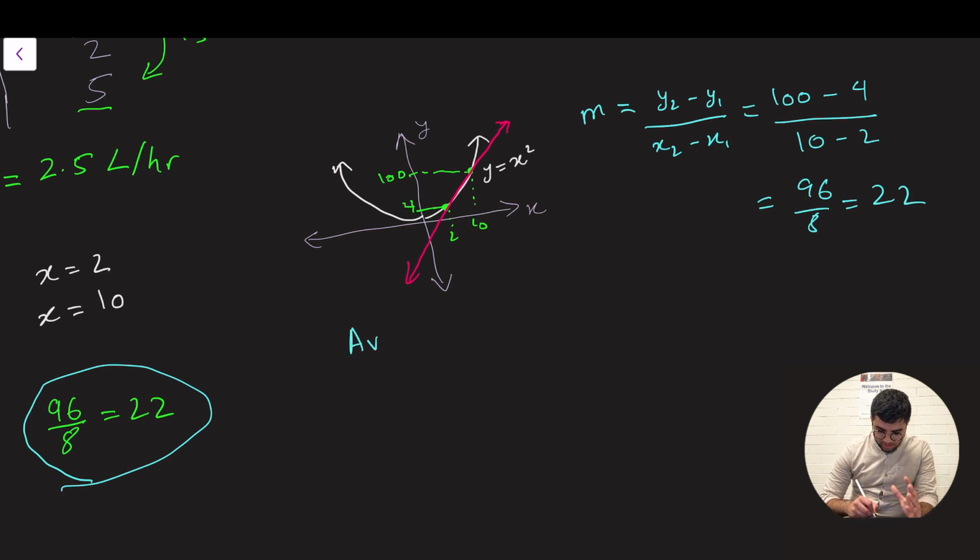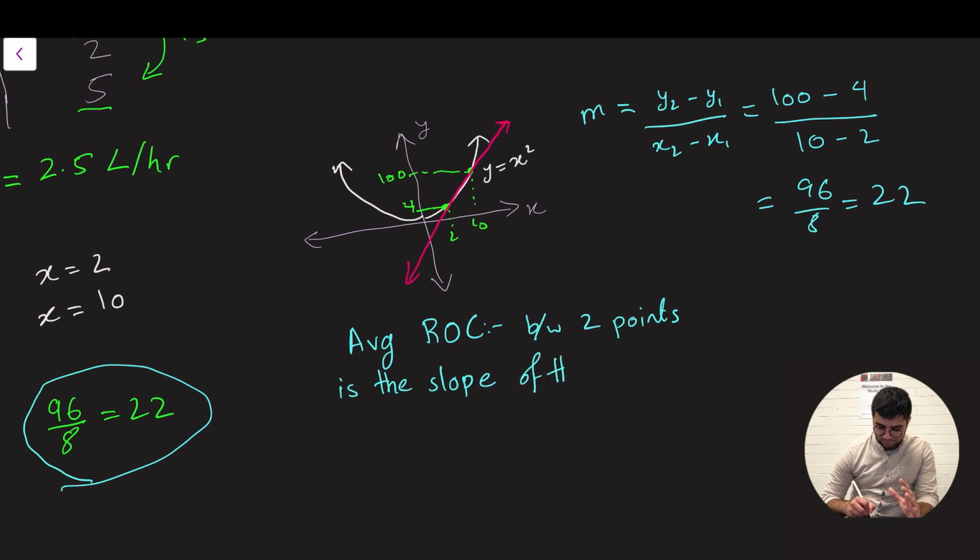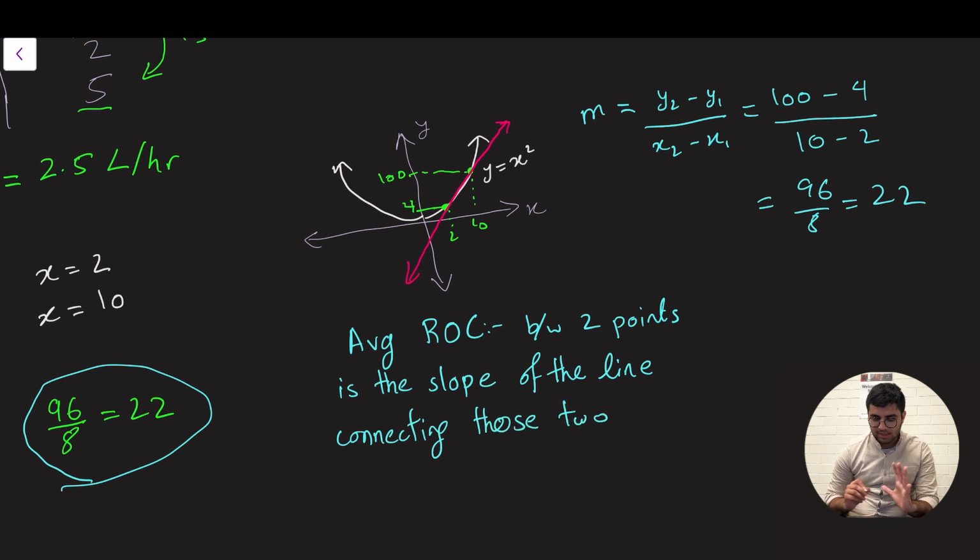Average rate of change is the slope between 2 points, the slope of the line connecting those 2 points.